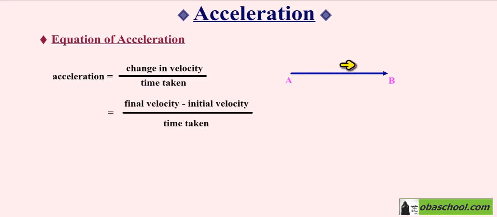The final velocity is the velocity at point B, the initial velocity is the velocity at point A, over the time taken as it moves from A to B.